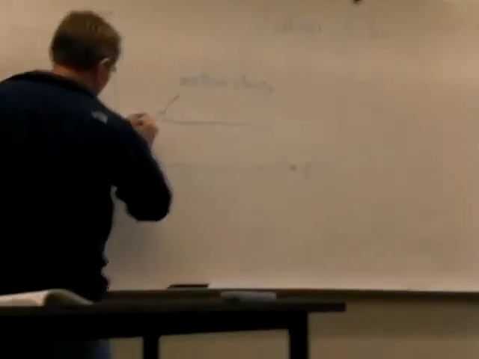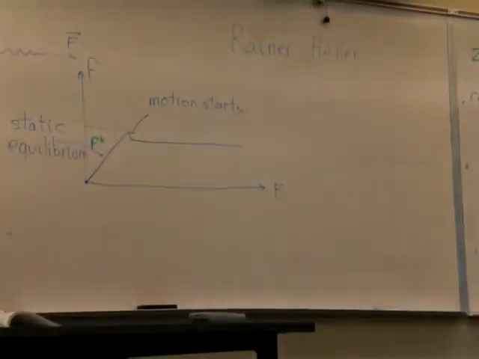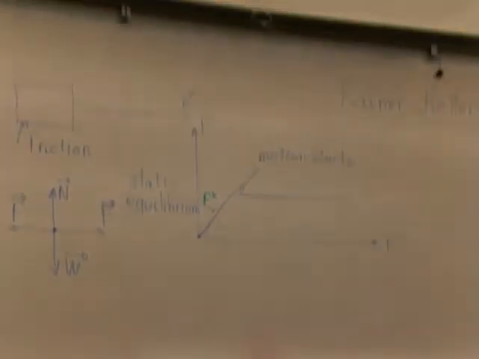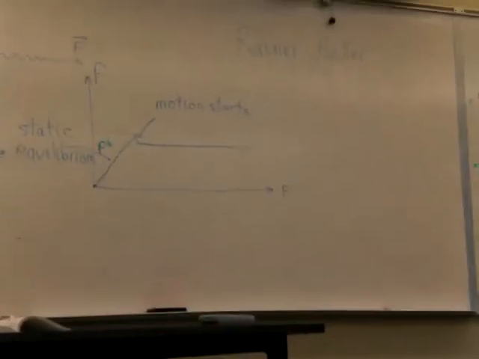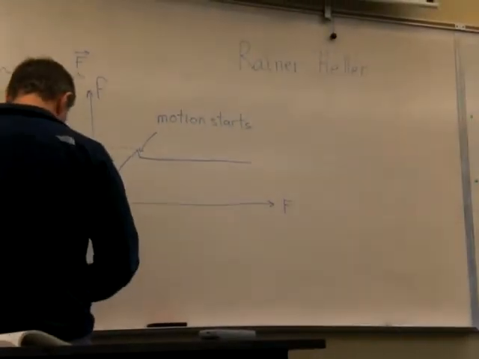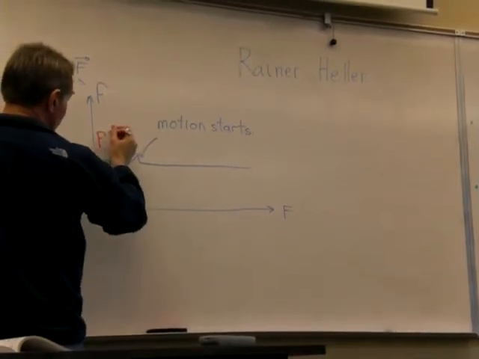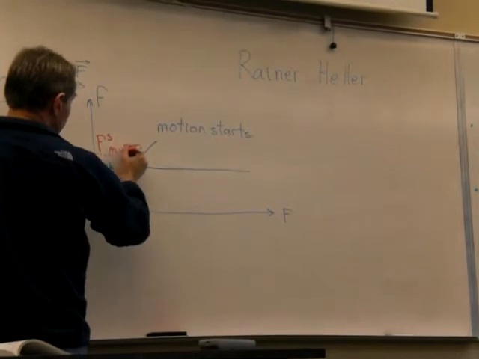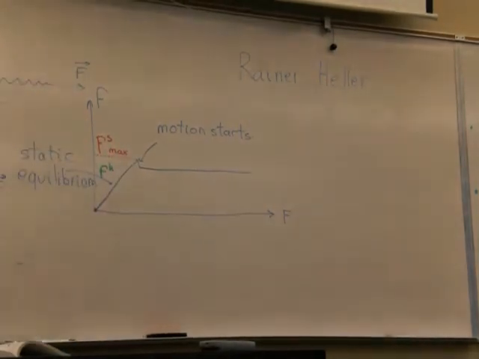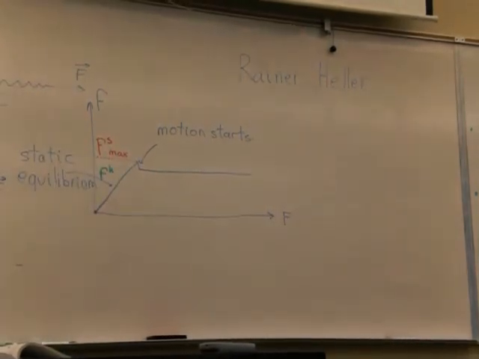And what are these values? This force of friction here is called the force of kinetic friction, because it's in motion. And the maximum value here is called the force of static friction at maximum. And this is what you have.